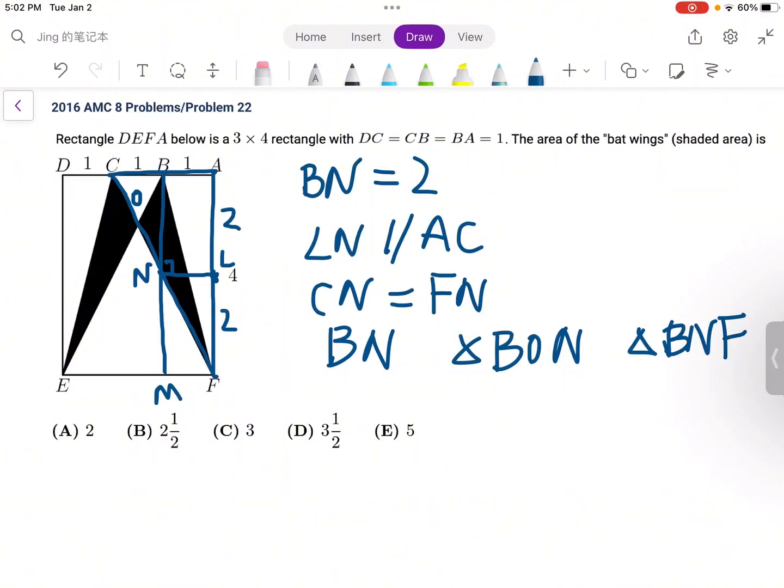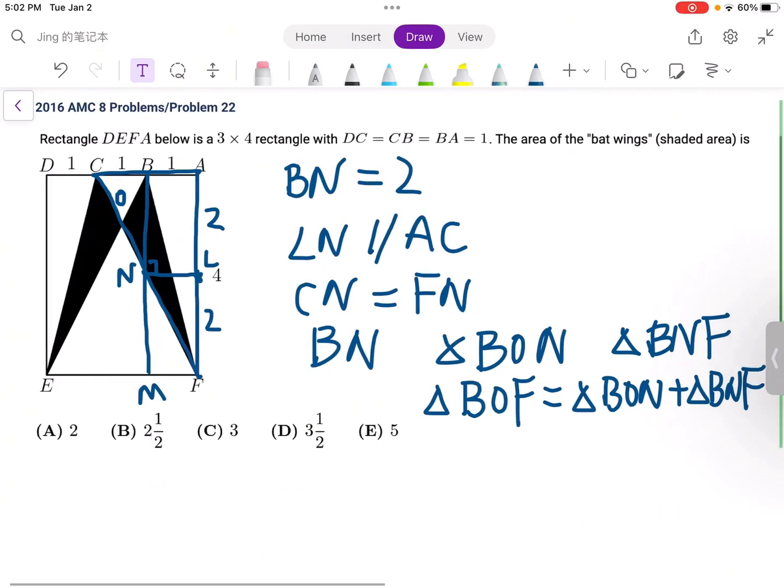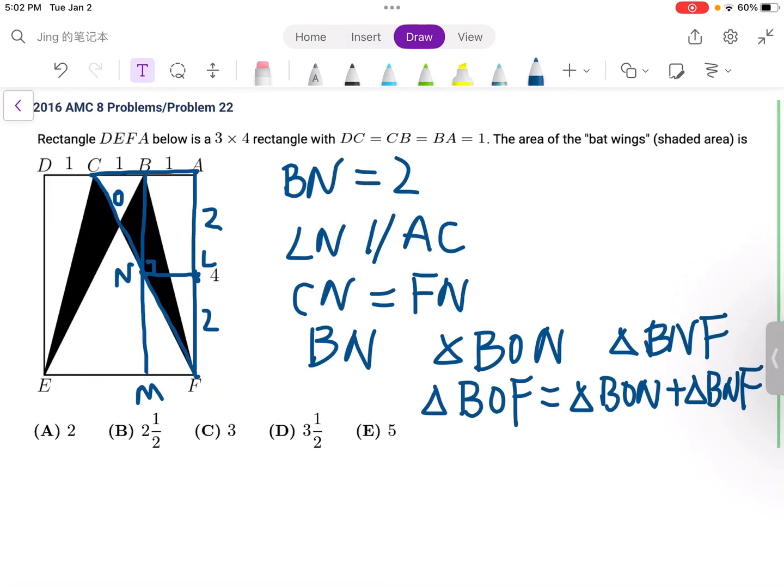Now, the shaded area BOF equals the area of triangle BON plus triangle BNF. Triangle BON, the area equals 1/2 BN times its height.